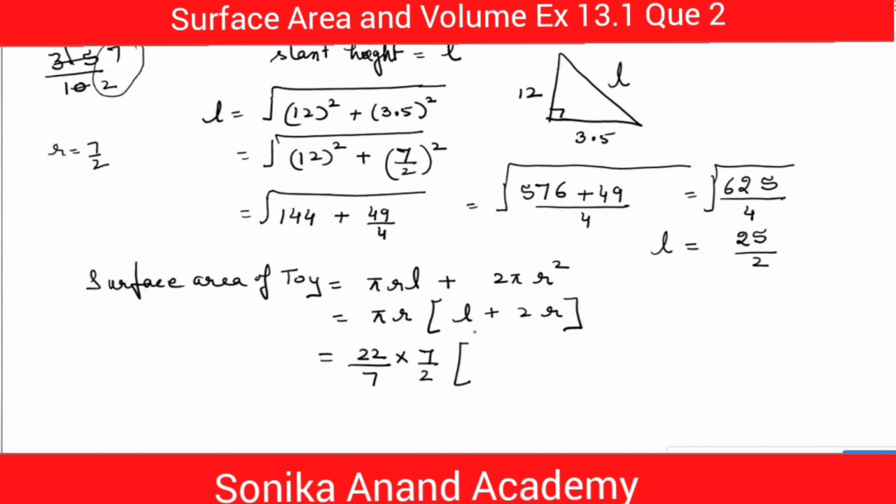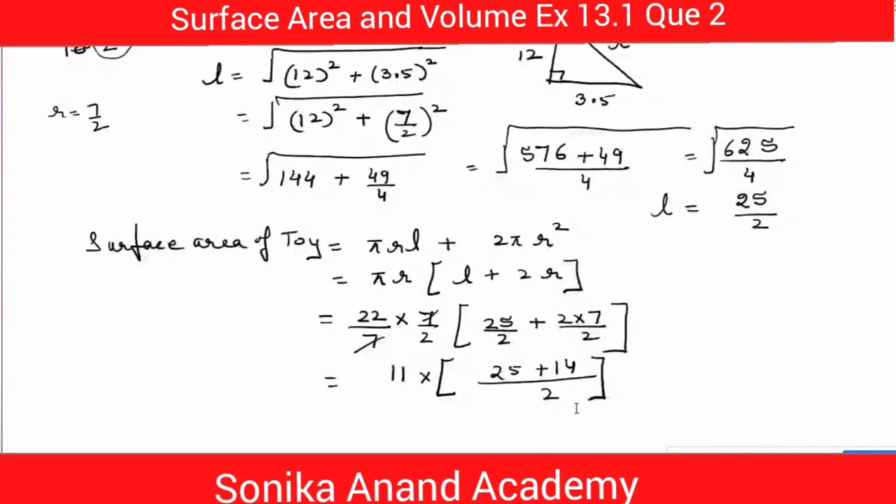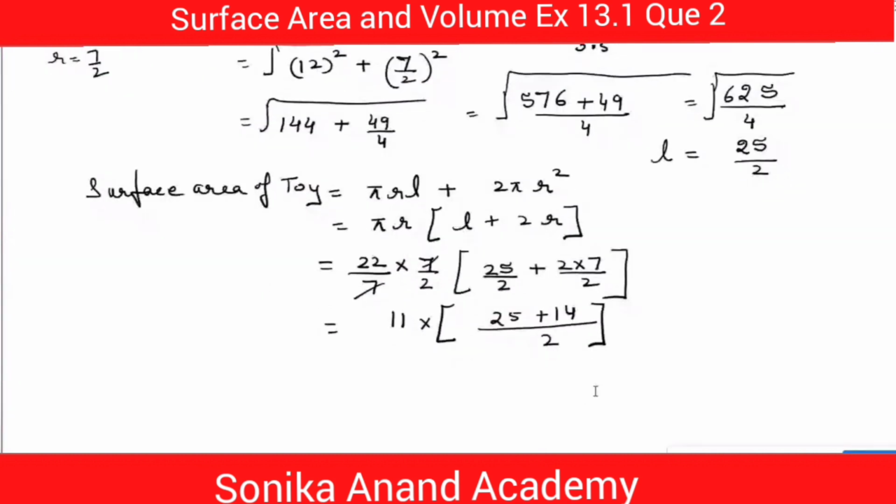Now the length is 25 by 2, and 2r is 2 into 7 by 2. Clear? Calculations become too easy. Cancel and we get 11. Now we take the LCM as 2: 25 plus 14, so 11 into 39 by 2.